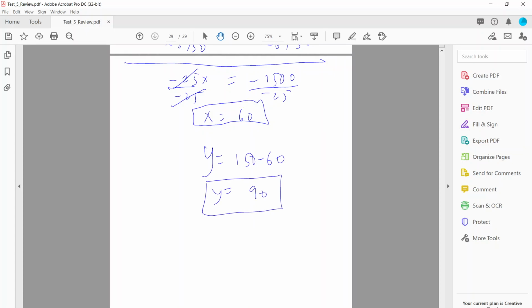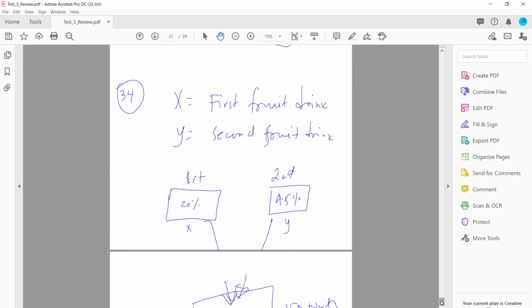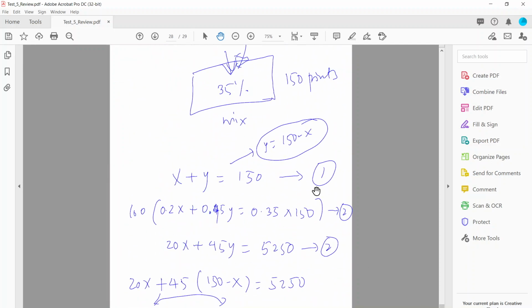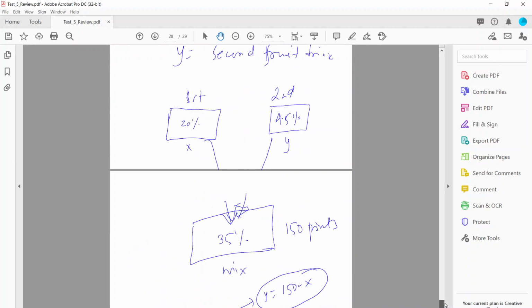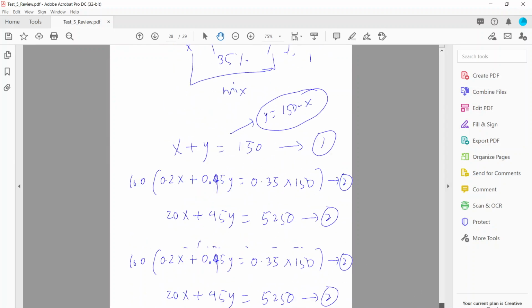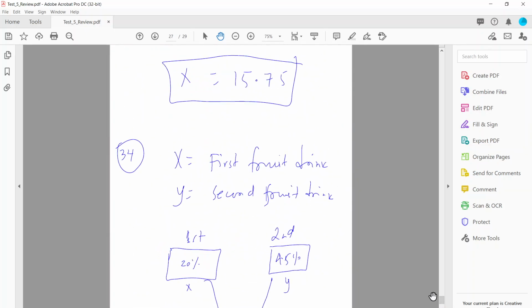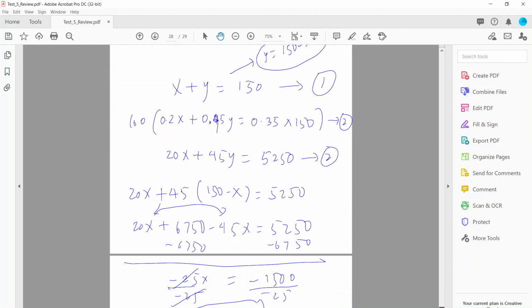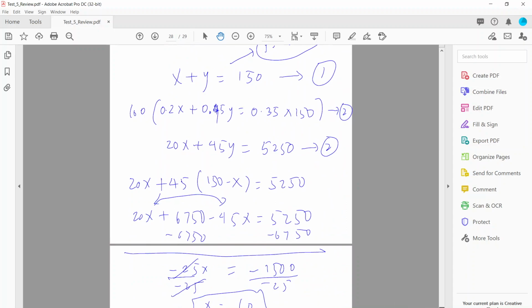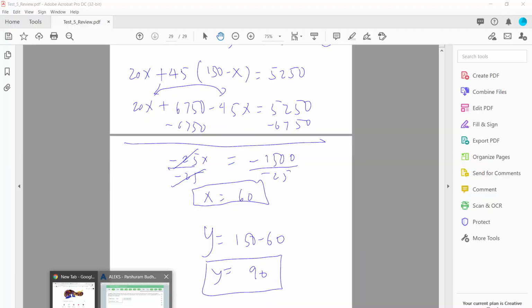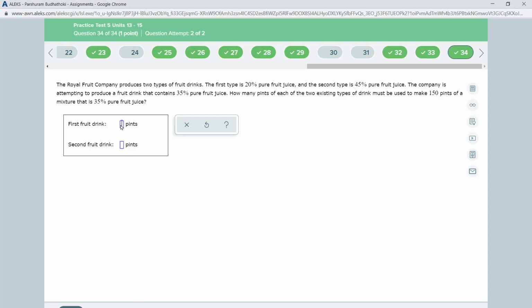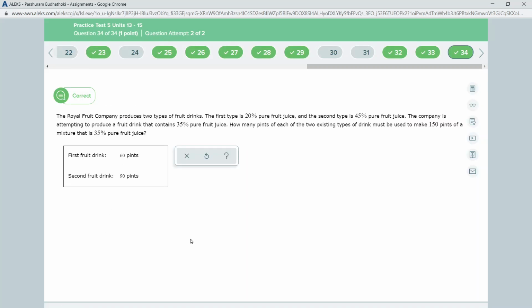So to make 150 pints of 35% pure juice, we have to add 60 pints of the first drink and 90 pints of the second drink. Okay, so that's all the best.